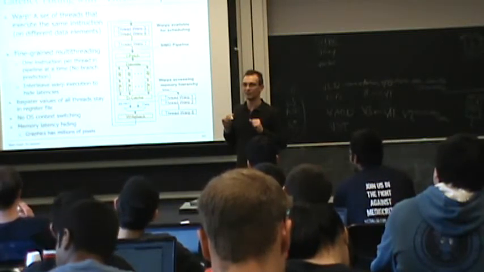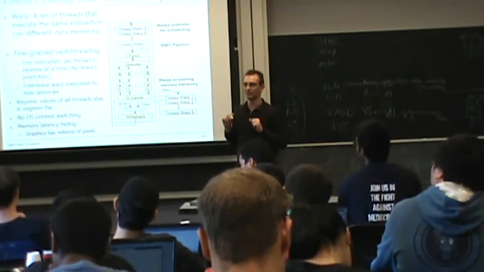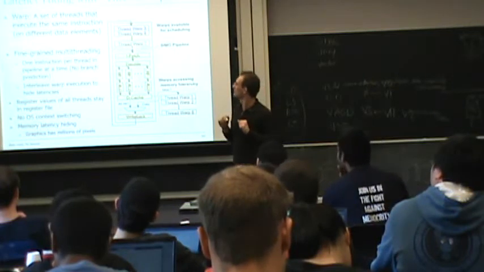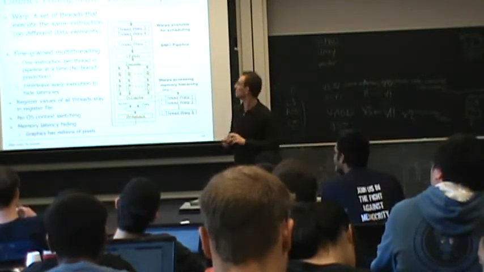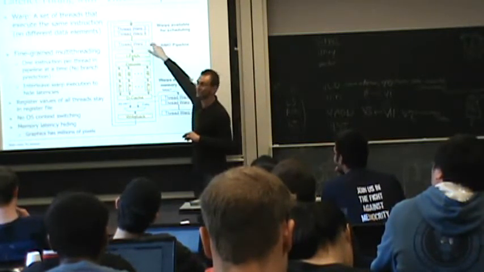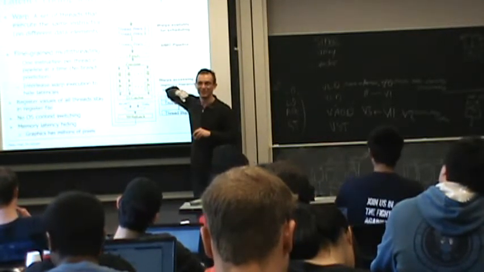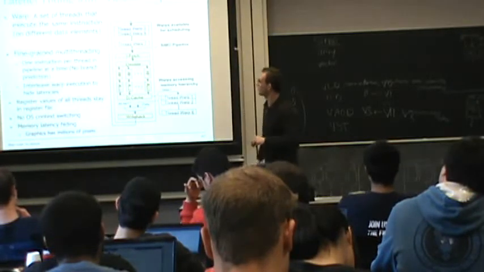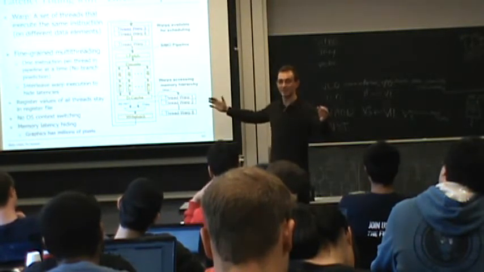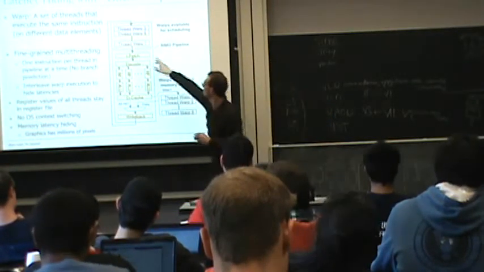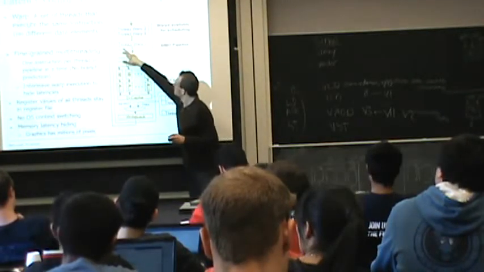How related are they? Are they totally different programs? In a GPU, actually, it's the same program. In fact, different thread warps could even be executing the same program counter. For example, you might have a 1,000-element vector add.